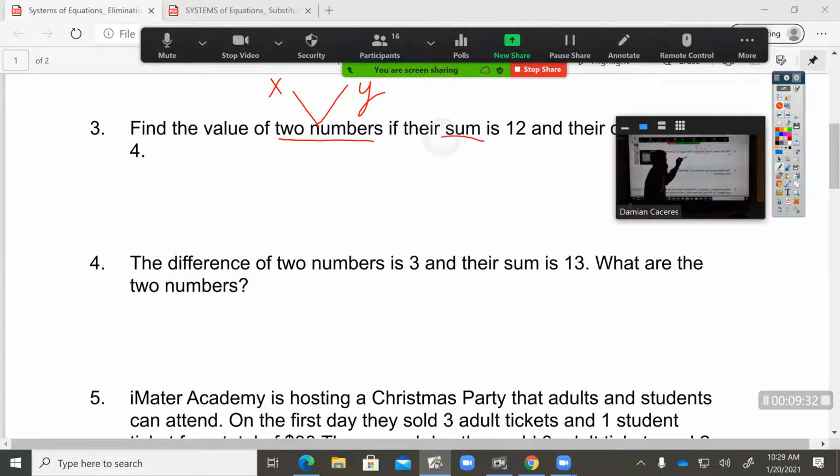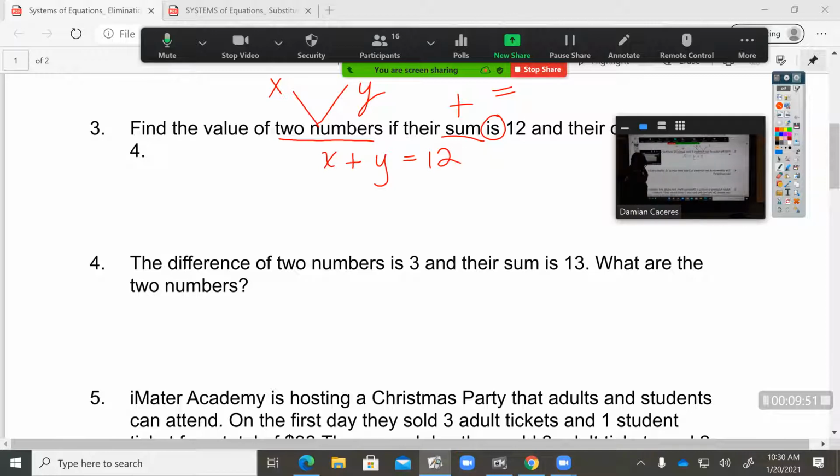Now, the word sum means addition. Is means equals. So now we have our first equation. X plus y equals 12. The sum of x and y equals 12.